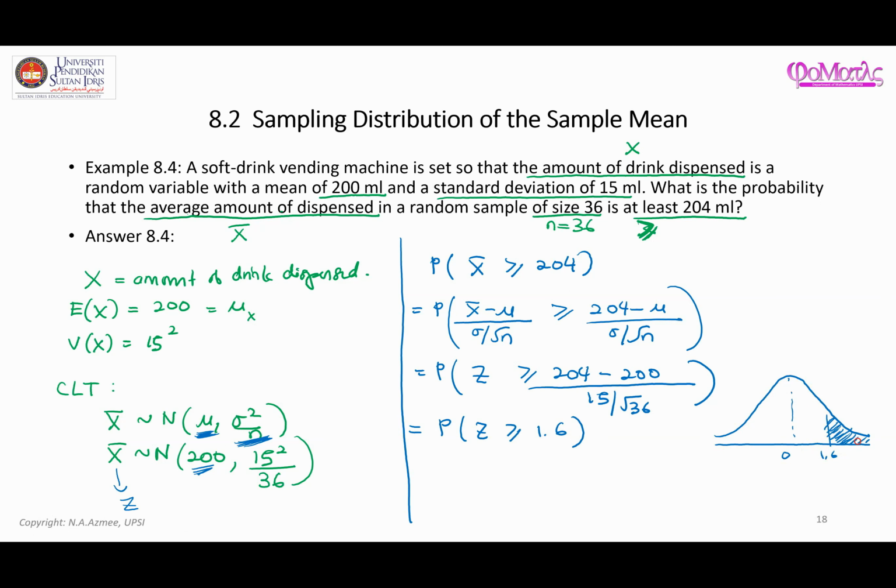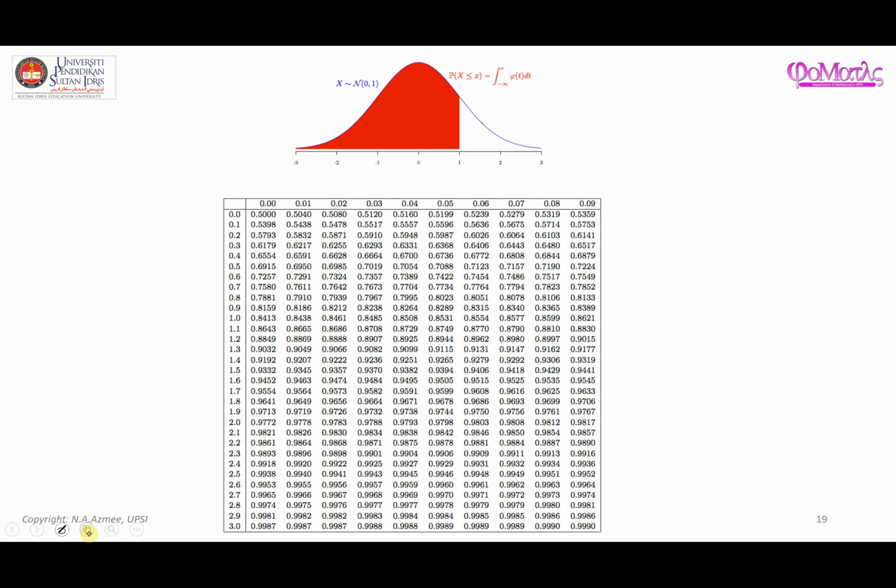The table given here gives you the area from one value to the left. This is at z 1.6.